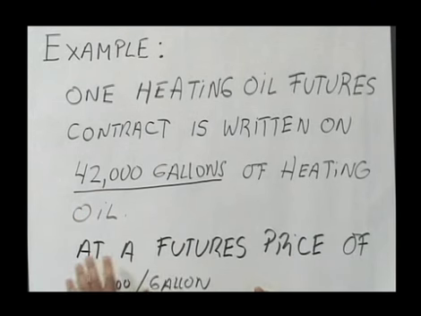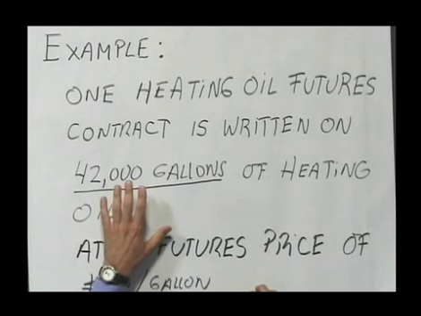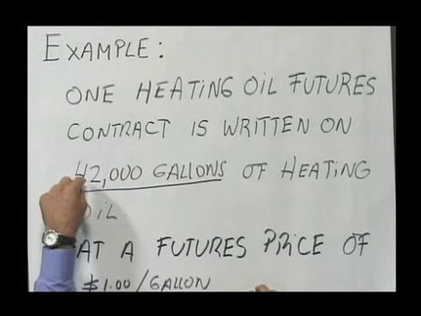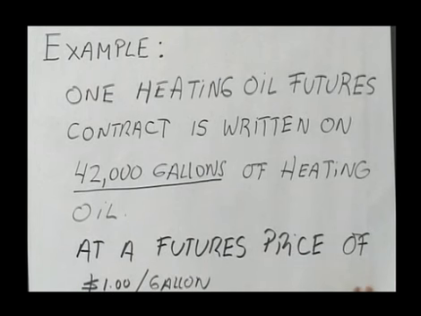Now, at a futures price of $1 a gallon, what do you think the value you control of that commodity is? Well, it will be 42,000 gallons times $1 per gallon, or $42,000. Now that we've calculated what we call notional value, let's move on to figuring out what high leverage means.